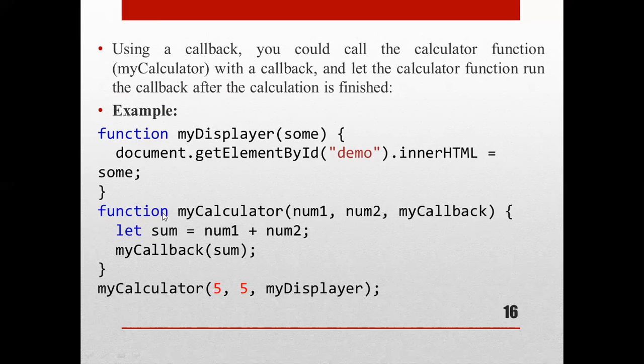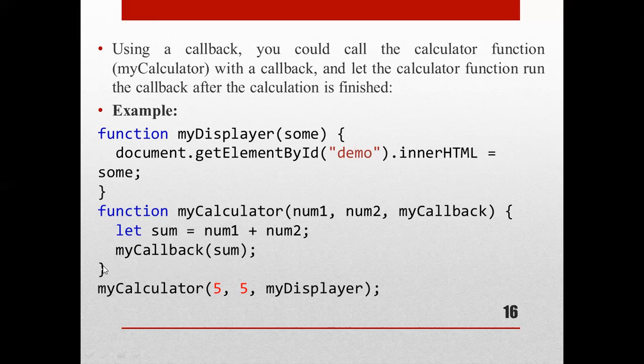The body of myCalculator contains let sum equals number one plus number two, and myCallback will print the addition of number one plus number two.